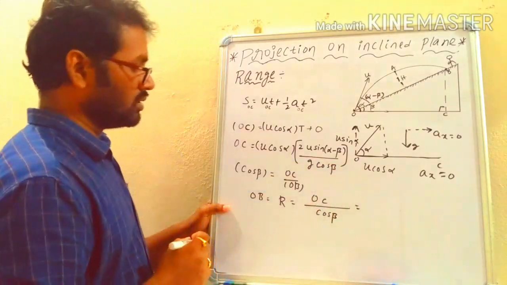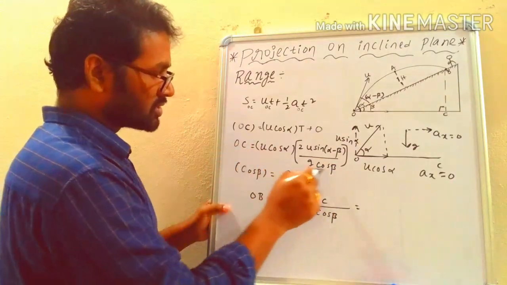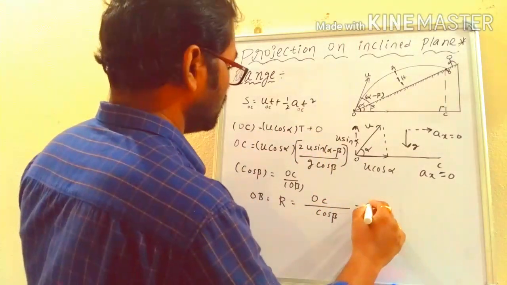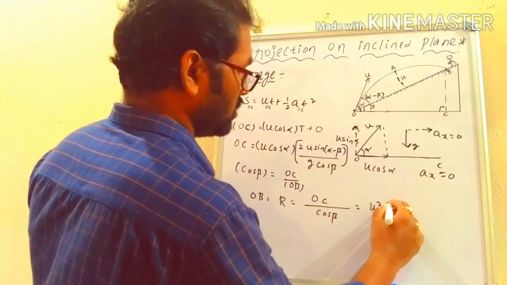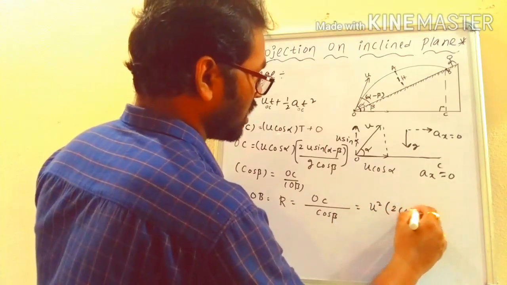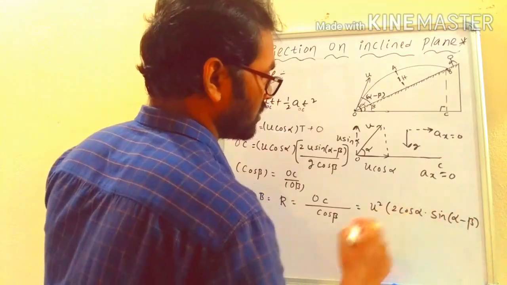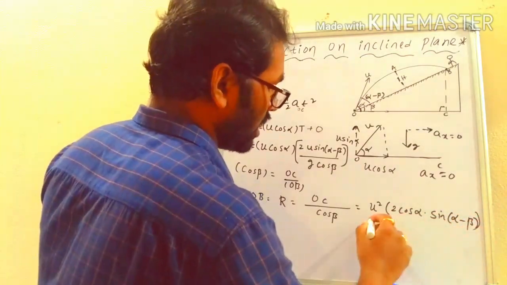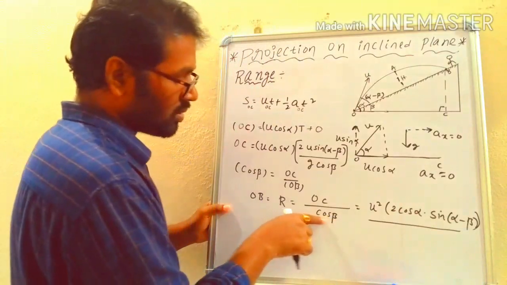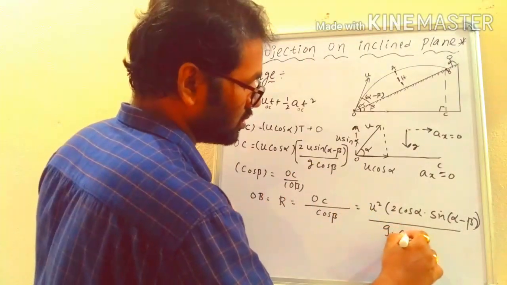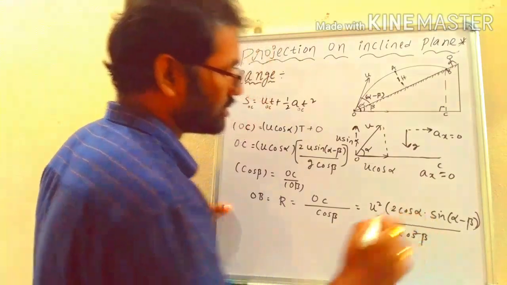which is equal to, we got OC, the entire expression, substitute here, finally you will get U square into 2 cos alpha into sin alpha minus beta divided by cos beta is there here, cos beta is there, which means G into cos square beta.